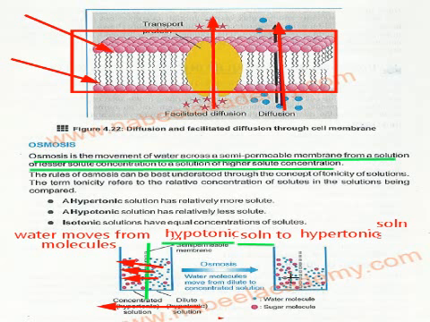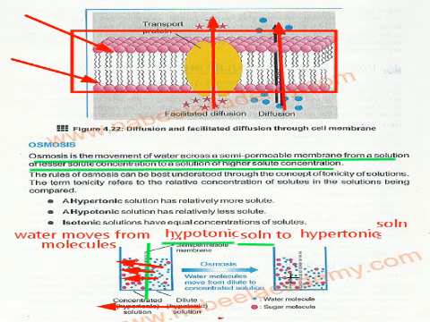So if you think about it, what happened? The first point, the water was moving from higher concentration to lower concentration. Point number two, there is no expenditure of energy. So this is a passive transport.